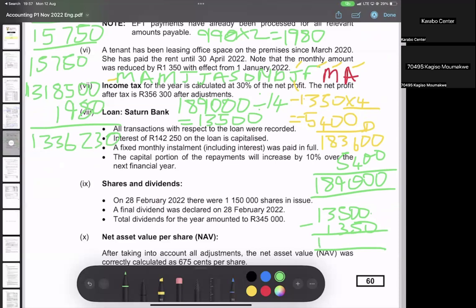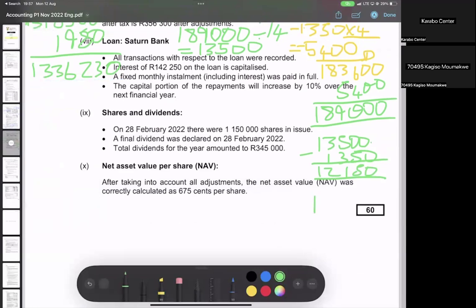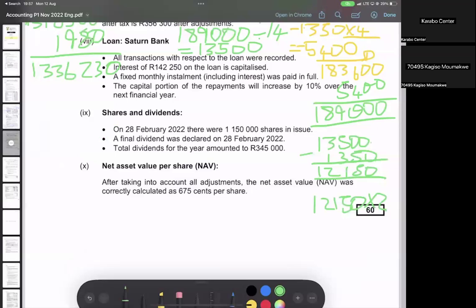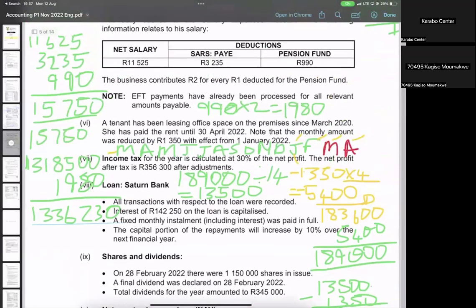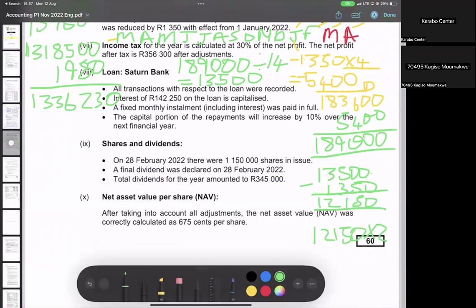You get 12,150. And then you have to say 12,150 times 2. Why do we have to times by 2? It's because it's the 2 months that we do not want. It's March and April 2022. Let's see how much we get. 24,300.